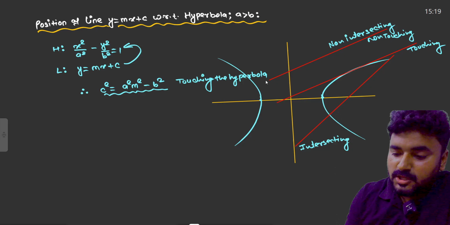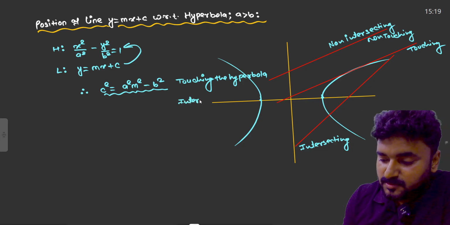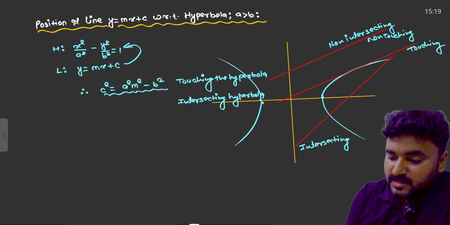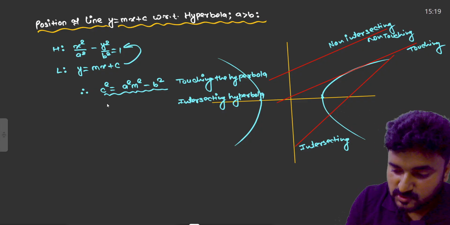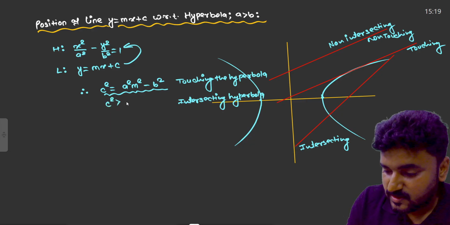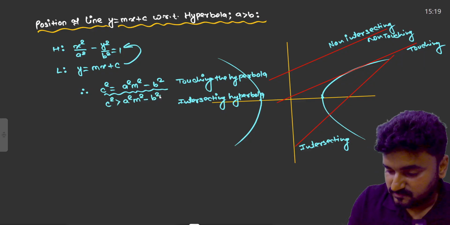Now suppose the line is intersecting the hyperbola. In that situation, the D value will be greater than 0. So I should say that c square is greater than a square m square minus b square.